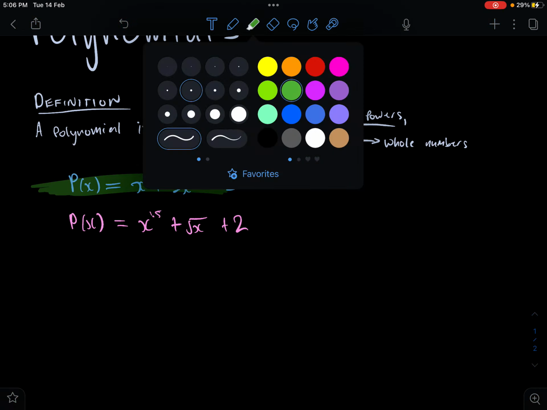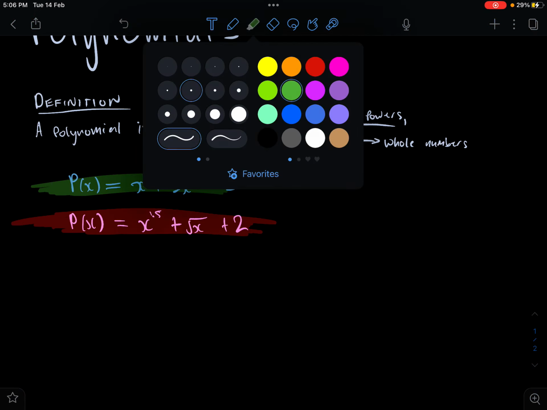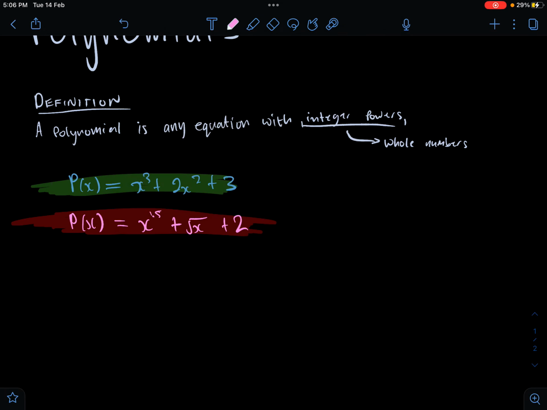And so this, we'll just highlight in red, not a polynomial. So that's a good way to start off, just figure out what actually is a polynomial, because you're not going to be able to work with them if you don't know what it is to start off with.